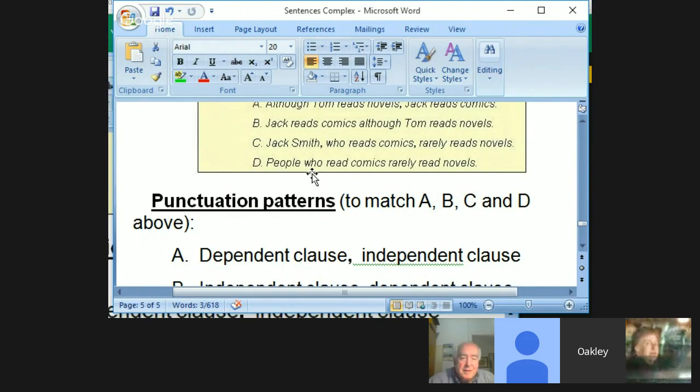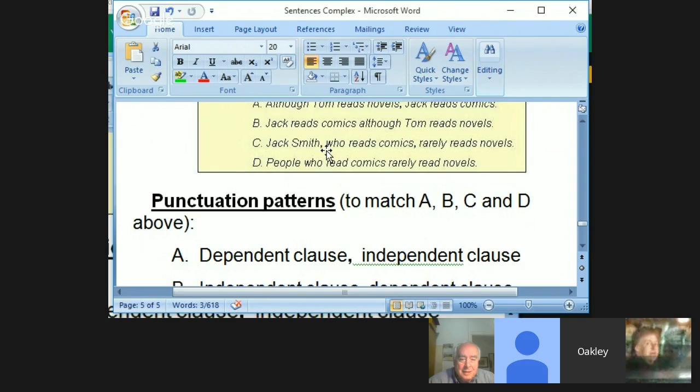Does the independent clause have the same meaning with or without? In example C, it has the same meaning. Jack Smith rarely reads novels. Yes, in sample C, you have to choose what is the principal clause, because you can choose between Jack Smith, who reads comics, or Jack Smith rarely reads novels. Well, no, we know that who is a... What is important?